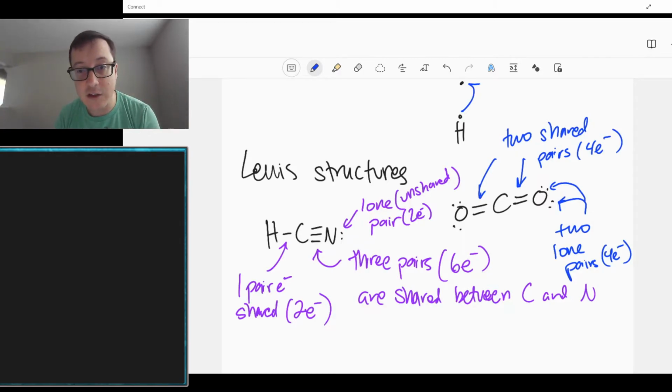So the oxygen has 2 lone pairs, that's 4 electrons, and it's got 2 shared pairs, which is another 4 electrons, giving the oxygens 8. And so we're going to see here that all of these atoms are stabilized this way. And indeed, I've shown a lot of them with carbon in the middle because that's what organic chemistry is. Except it's not just 3 atoms at a time or 5 atoms. We're looking at dozens of atoms at a time. But often you'll see carbon will be what's called a central atom in a Lewis structure.